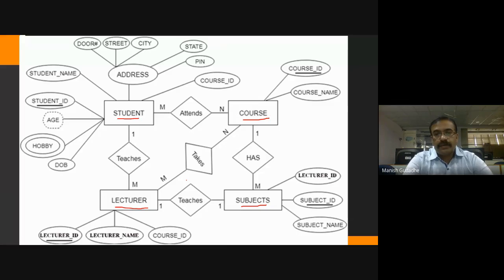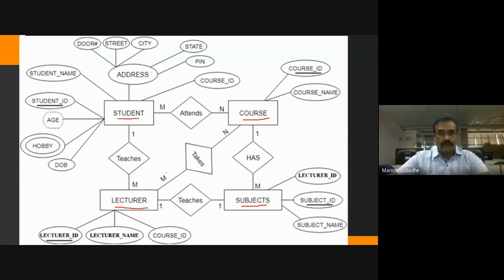Here I am going to relate: a student is taking admission for a course, he is learning some subject, and a teacher is teaching those subjects. That scenario I'm trying to model through an ER diagram.